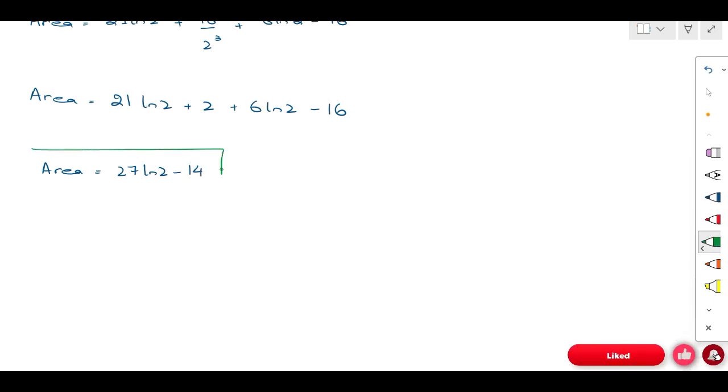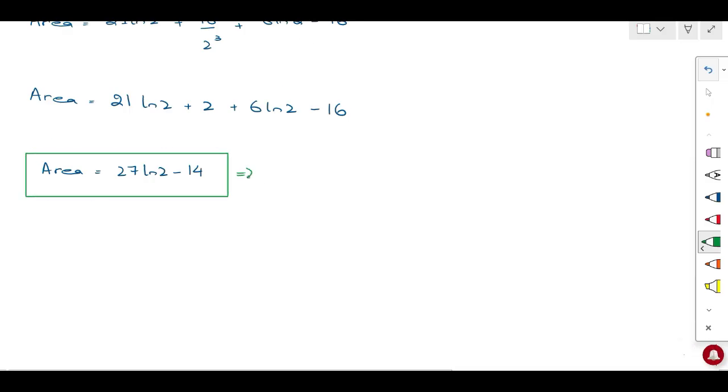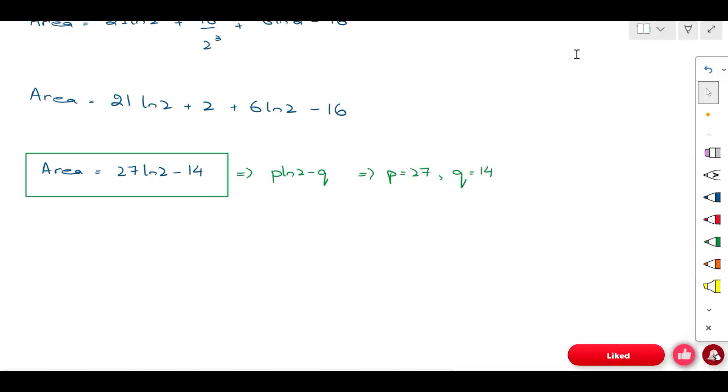So now this would be the shaded area, and that area is in the form of P natural log of 2 minus Q, where P value is equal to 27 and the Q value is equal to 14, and these two are integers, right?